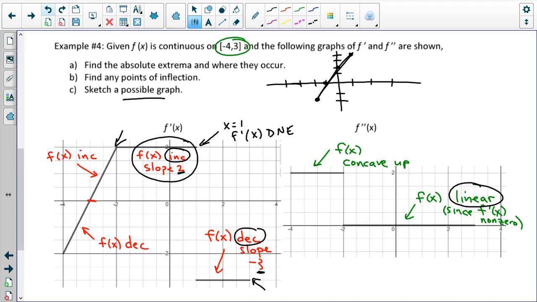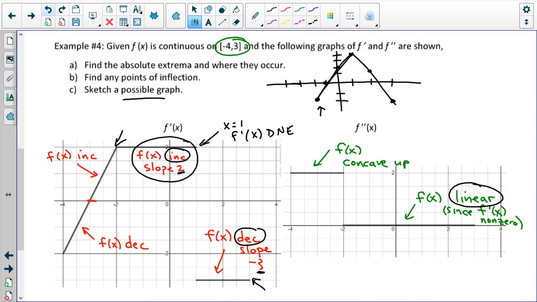Then I have a slope of -3 when x is between 1 and 3. So down 3 over 1. That's not down 3. Sorry. Down 3 over 1, down 3 over 1. So I now have that point.